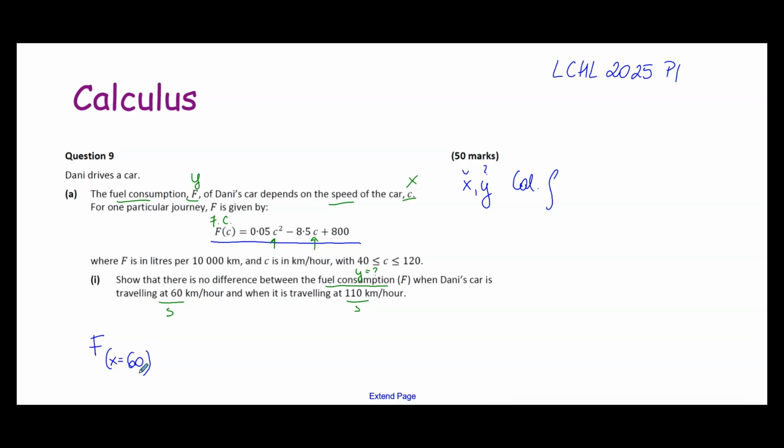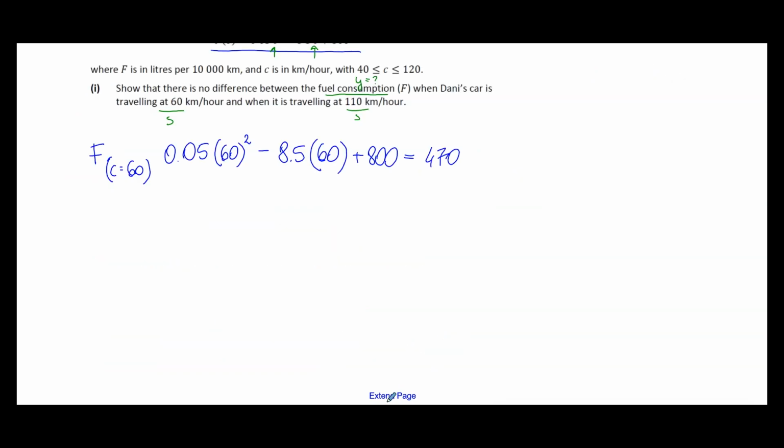We put 60 in place of, my apologies, that should read C, because in this question x is C. So 0.05 multiplied by 60 to the power of 2 minus 8.5 times 60 plus 800. We put that in the calculator, press equal, and we got 470.